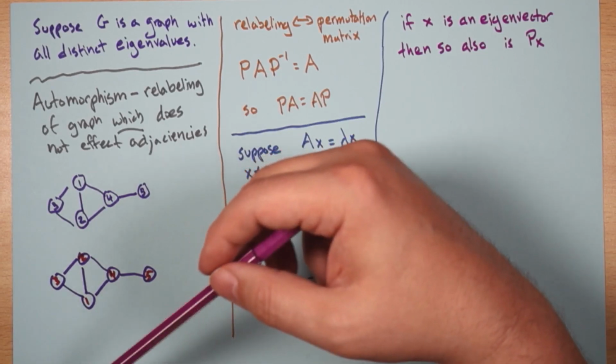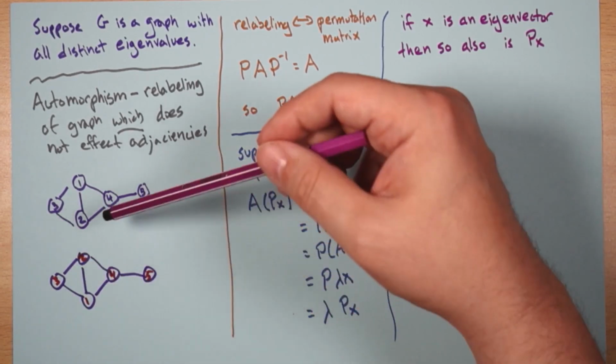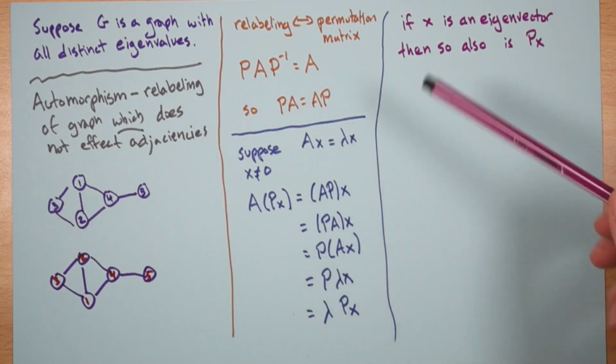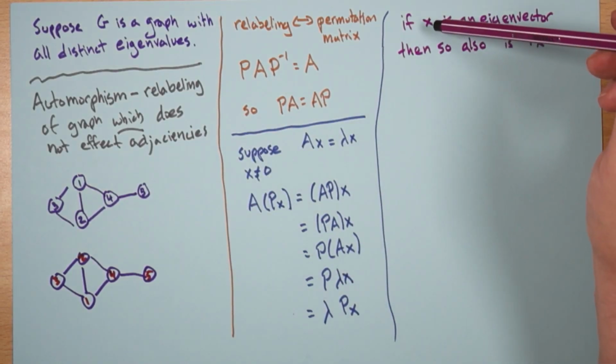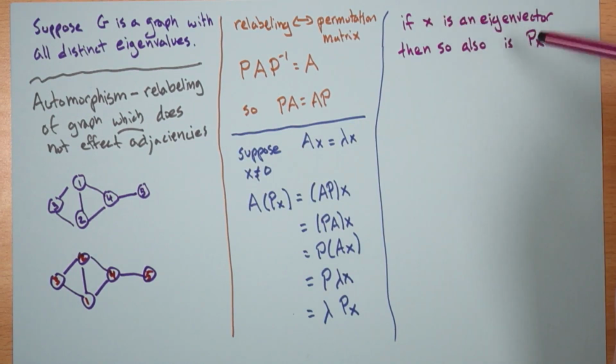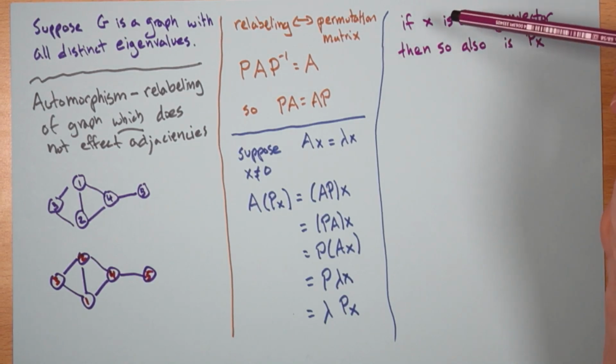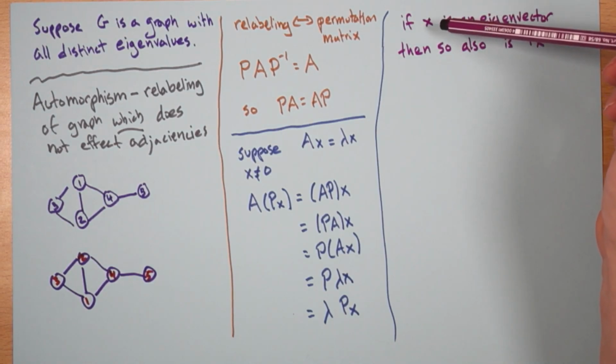All right, well, that's great. And so one of the things it tells you is if you have lots of symmetry, then you can possibly create lots of new eigenvectors. Now, be careful here. Is Px a new eigenvector? The answer is maybe, but it depends on what x looks like.